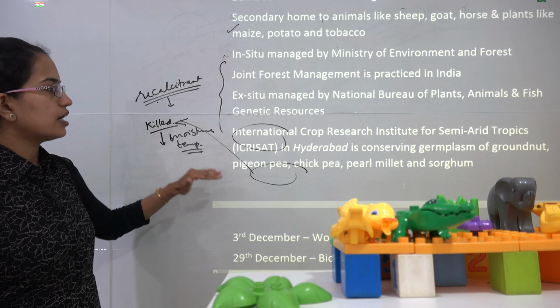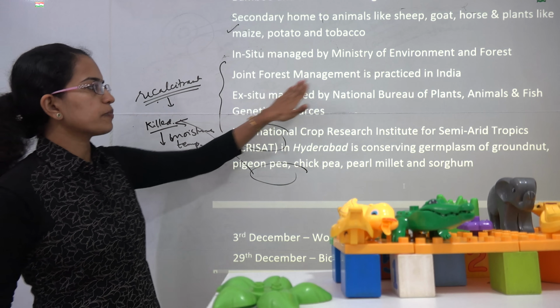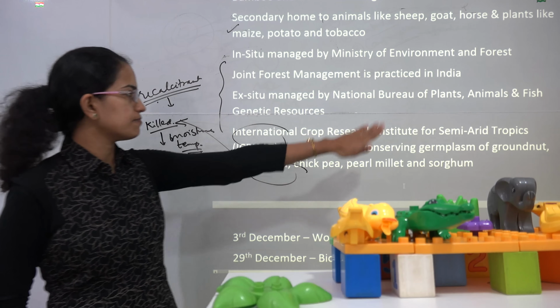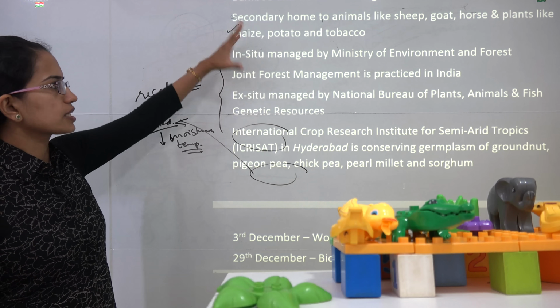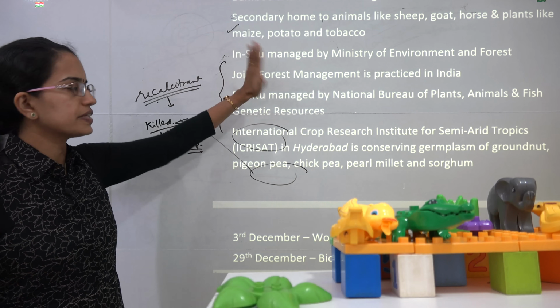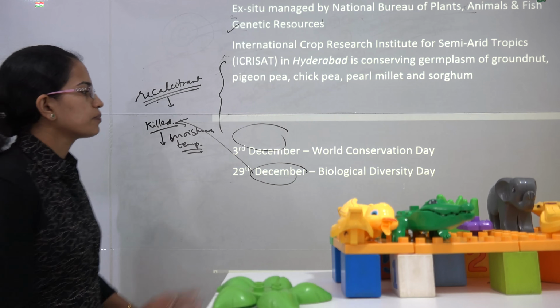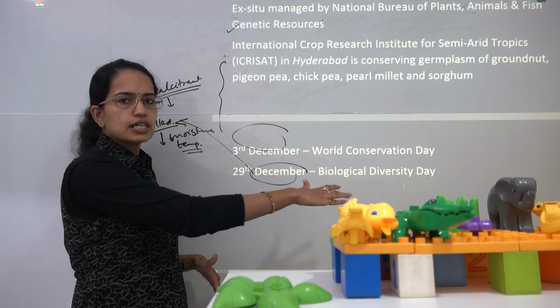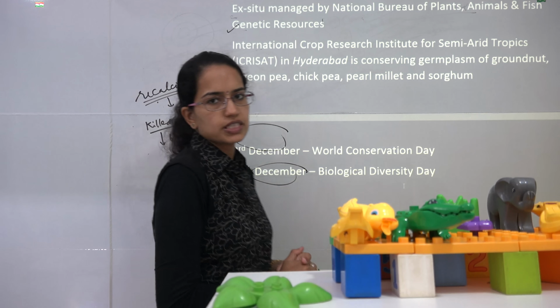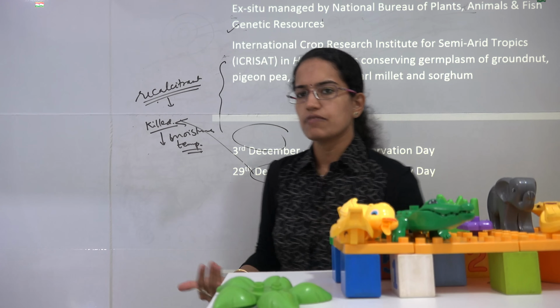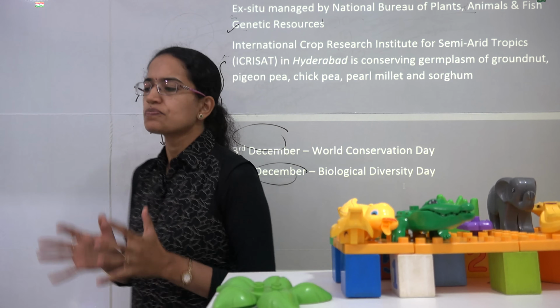Ex-situ conservation is managed by the National Bureau of Plant, Animal and Fish Genetic Resources. So those are the two different organizations looking after in-situ conservation and ex-situ conservation in India. 3rd December is considered as World Conservation Day and 29th December as Biological Diversity Day.